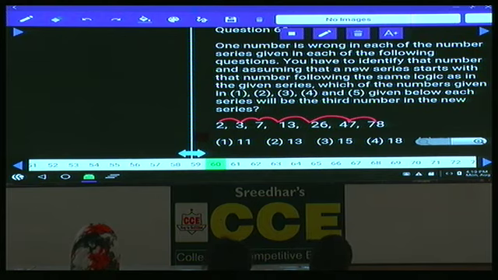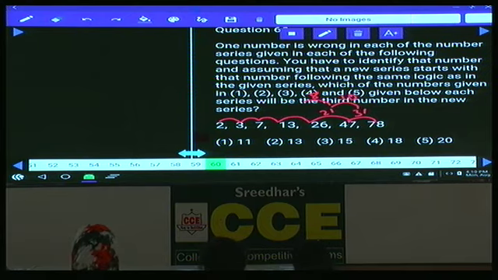Here the difference between 47 and 78, what is the difference we have? 47 and 78? 31 is the difference. And next one here the difference is how much? 21. Here the difference between these two is 10. And the next difference must be, previous difference is 8. And 13 must be the difference between these two. As 13 is the difference between these two, and 8, tell me what is the number we should have?